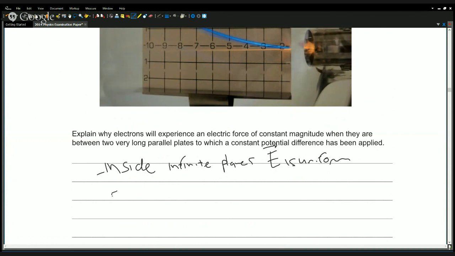So it implies electrons experience a constant force, because F is equal to EQ.